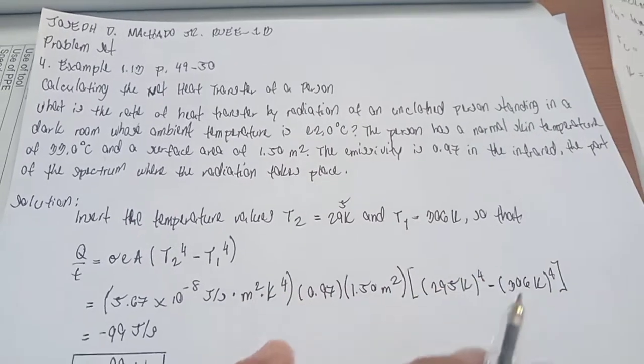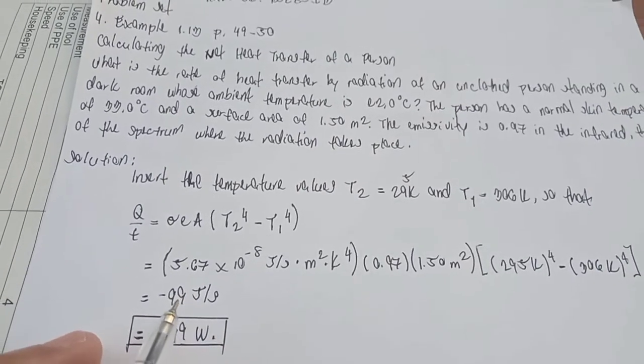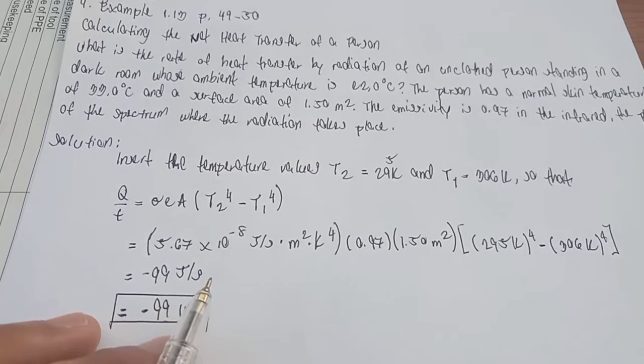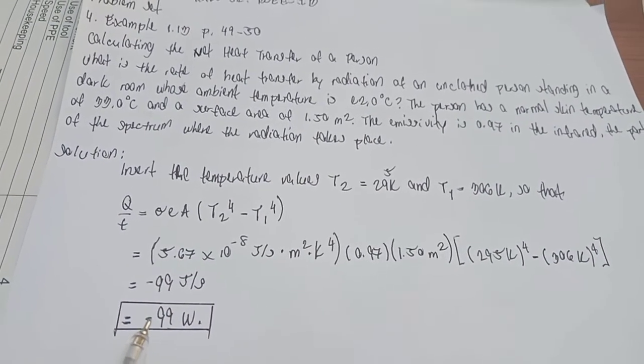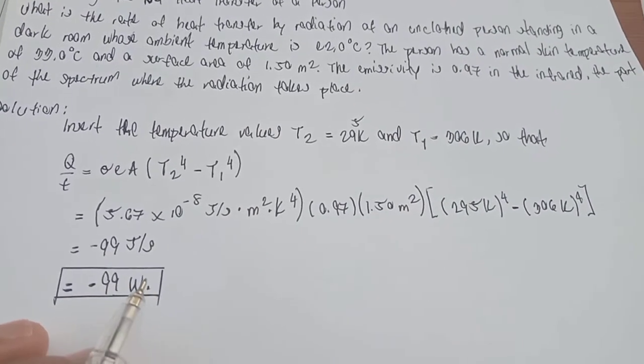So we're going to distribute, then it is equal to negative 99 joules per second, so the final answer is negative 99 watts. That's all.